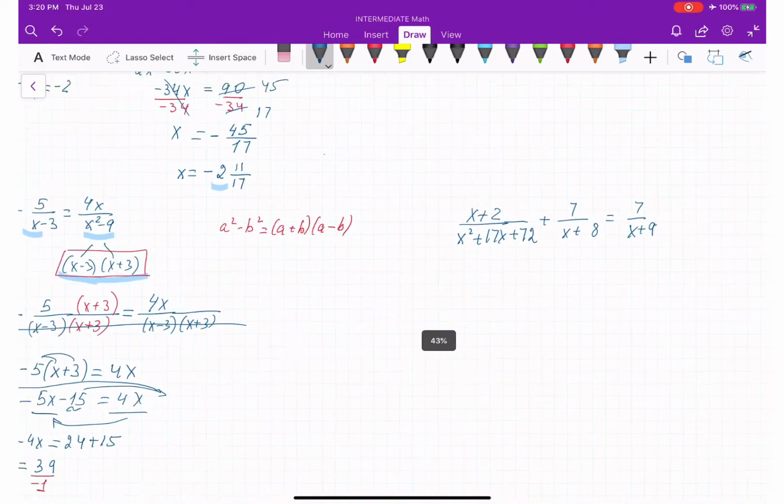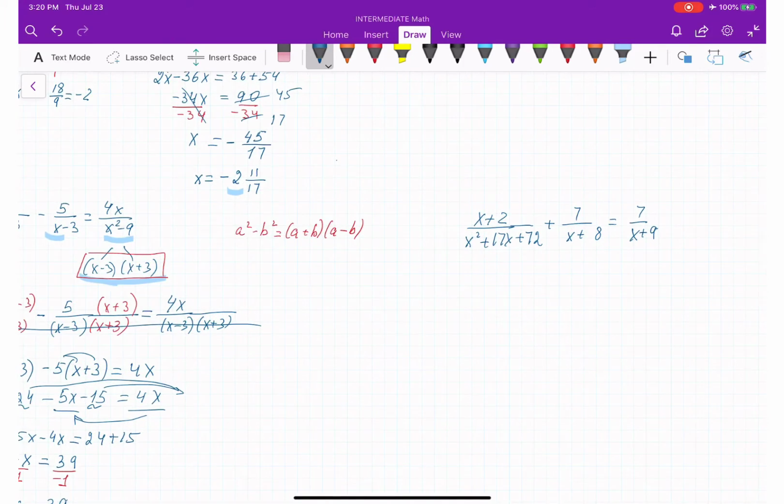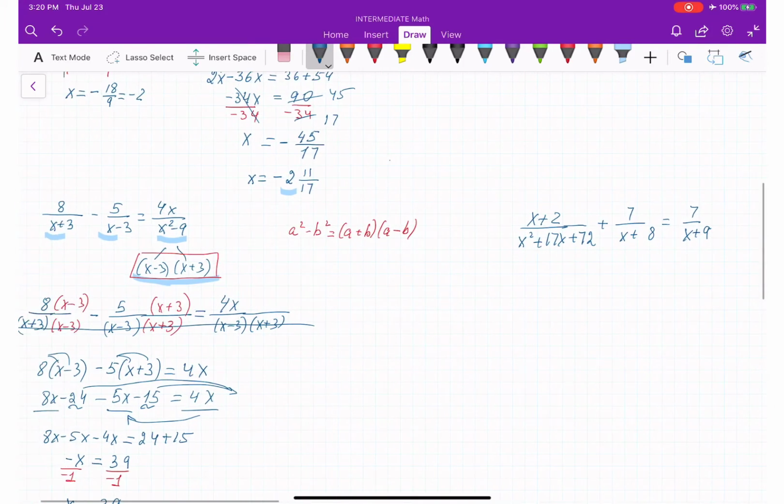One thing I'm going to let you know: usually when you need to factor one of these trinomials like this one, it's going to be made up of the other two denominators.